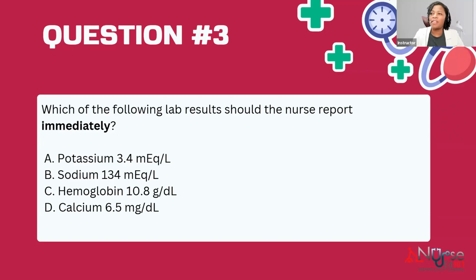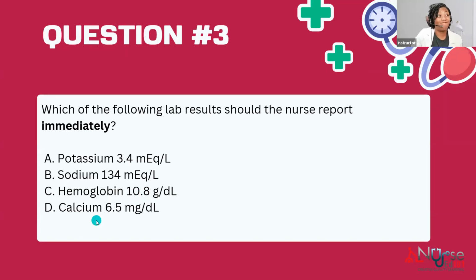Some references will say 136 to 145, but just a slight deviation. So A and B have slight variations. Your hemoglobin is typically anywhere from 12 to 16, 18, and this is almost 11, so there's a slight variation there.